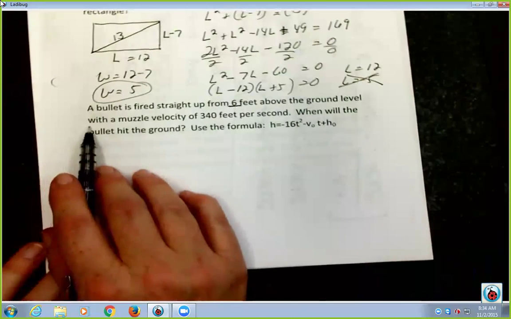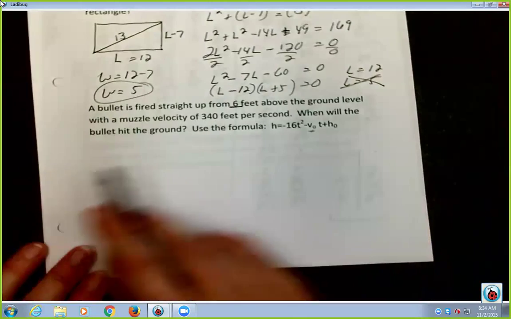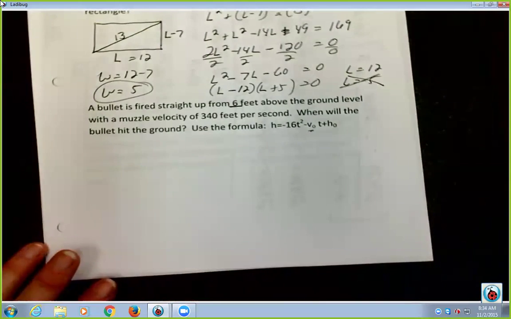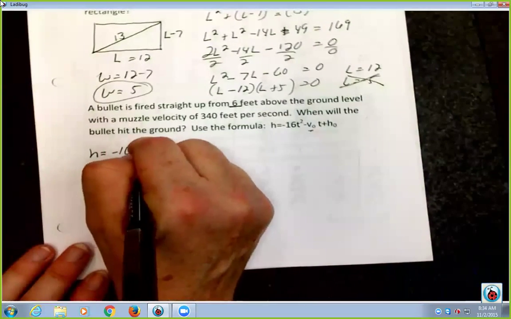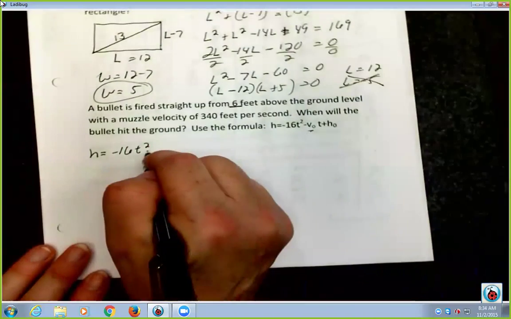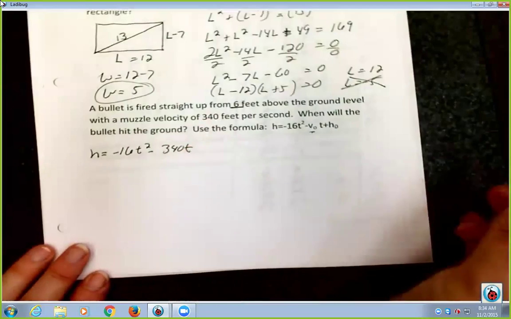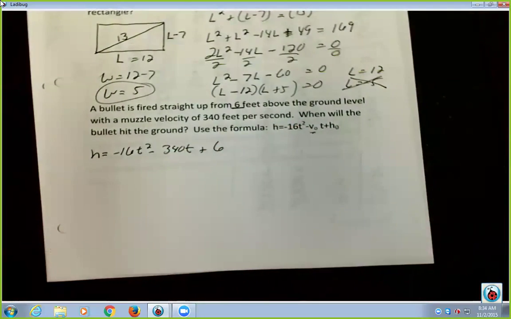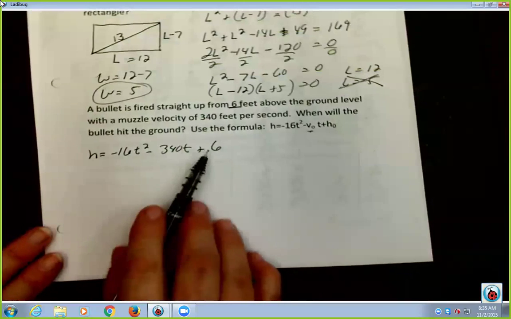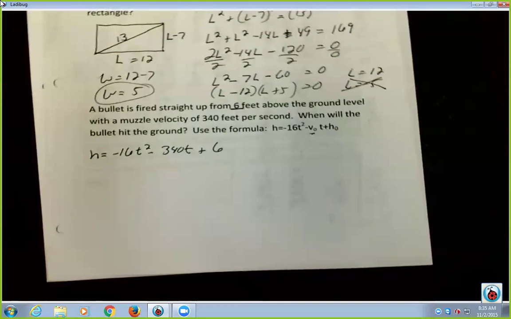And the muzzle velocity is 340 per second, so that's the V0. When will the bullet hit the ground? So I have H is equal to negative 16t squared minus 340t plus 6. So the only thing that changed between this one and the other one we did is that our height changed. So now it's just put it into your quadratic formula and go from there.